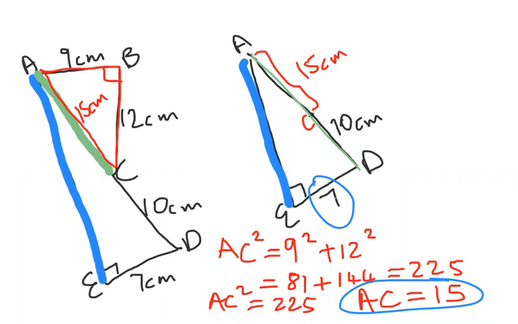So let's come to the left again. We have AC, which is 15, and we have CD, which is 10. Now in this left triangle, we need AE. So let's use a yellow color, and I'm going to work now with this triangle, this one over here.